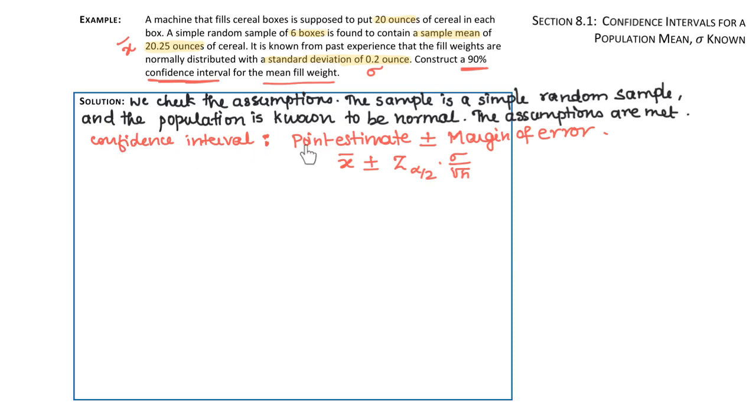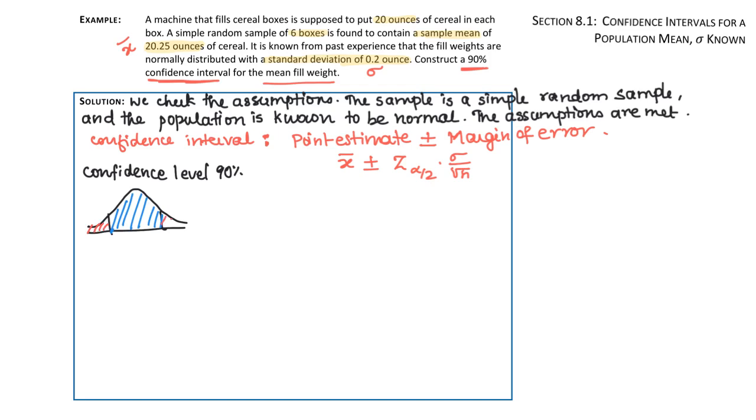Confidence interval is point estimate plus or minus the margin of error. The point estimate is the sample mean, and we need to find the z-score, the critical value, and we know sigma. Sigma is known. Confidence level is 90%, so this area is 90%.